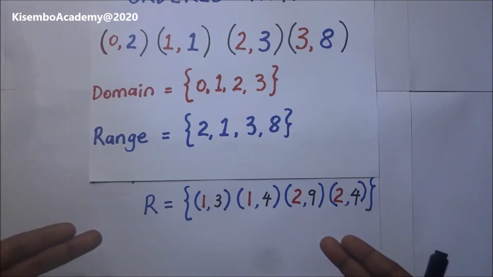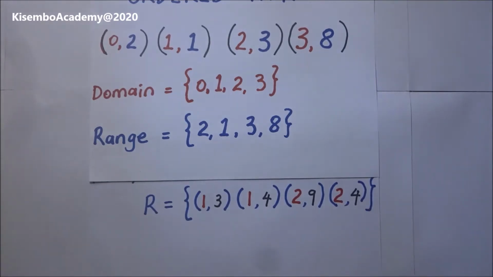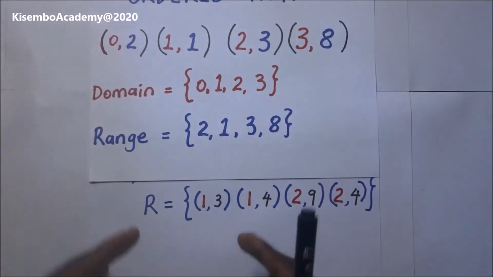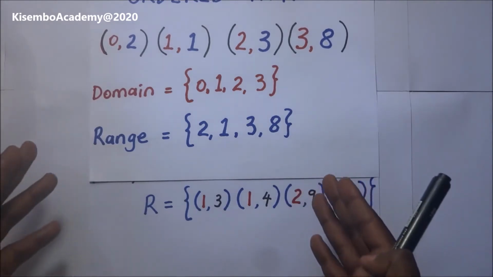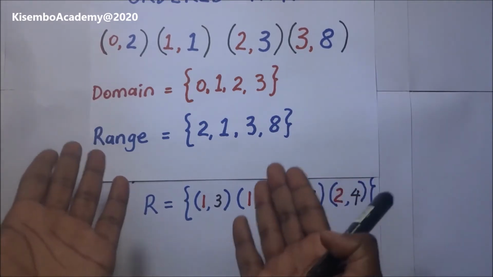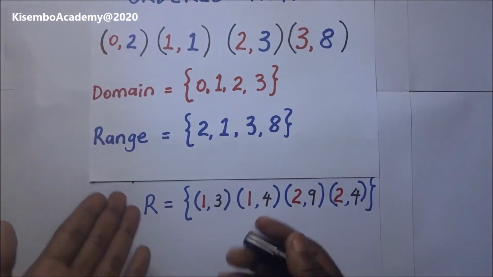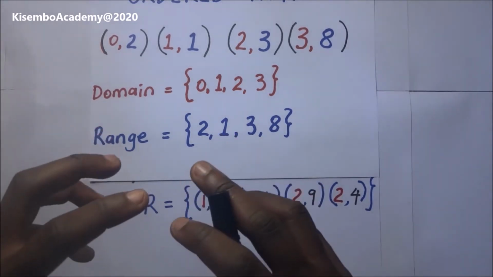A relation, therefore, is simply a rule that connects 2 or more things. And a function is just a type of relation, because remember, a function is simply a special kind of relation. So a function is more like a subset of the relation.